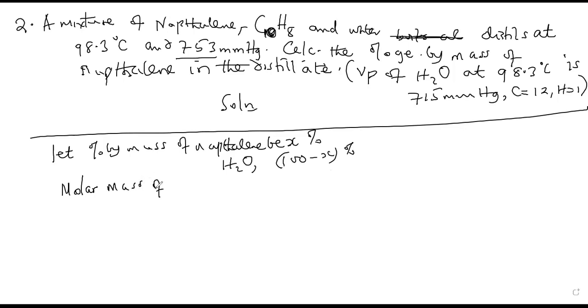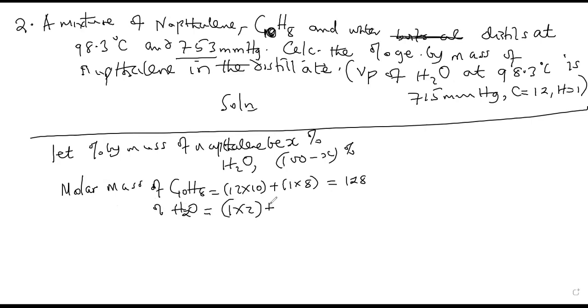So molar mass of naphthalene is going to be carbon 12 times 10 and hydrogen 1 times 8. This is going to be 128. And we know the one of water is just 1 times 2 plus the 16, which comes to 18.